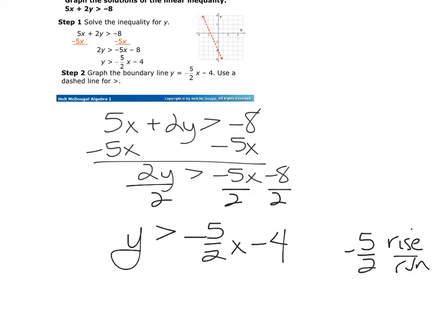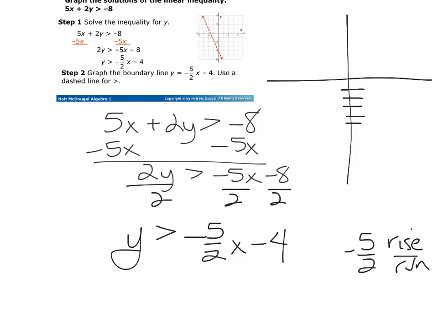Okay, so now I can either go down 5 to the right 2, or I could go up 5 but to the left 2. I need to make a negative slope. Where's my starting point? Good.